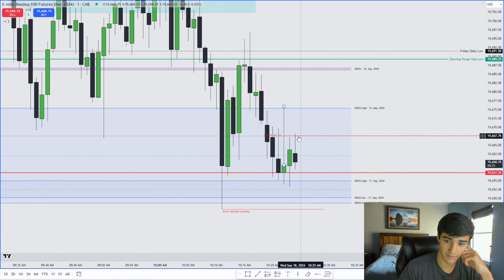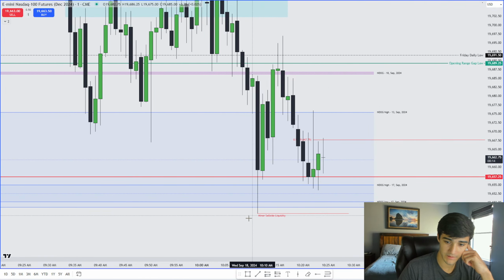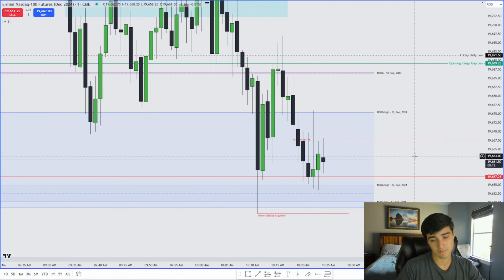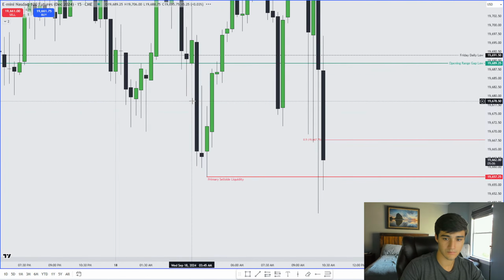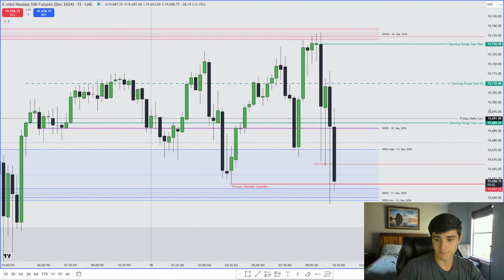Look at the work off that. These lows are relatively equal. On the 15-minute, we're driving lower.